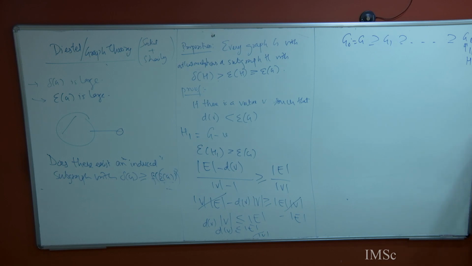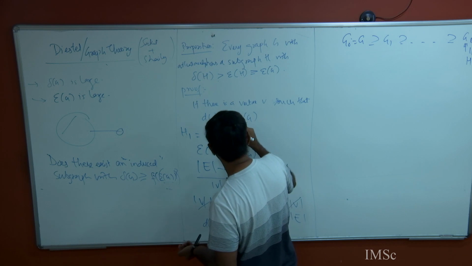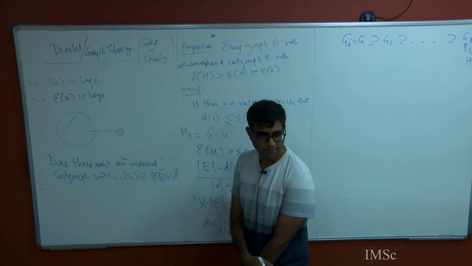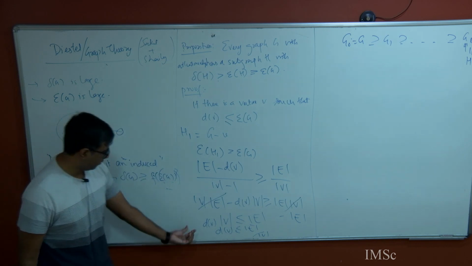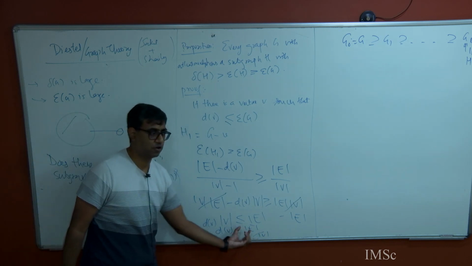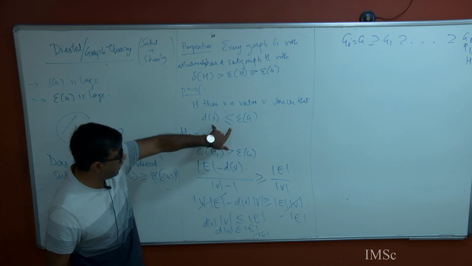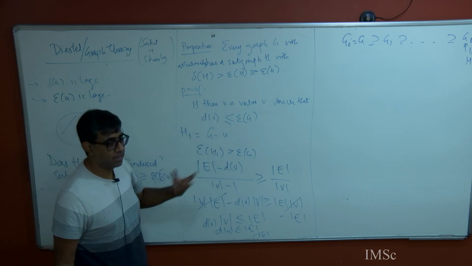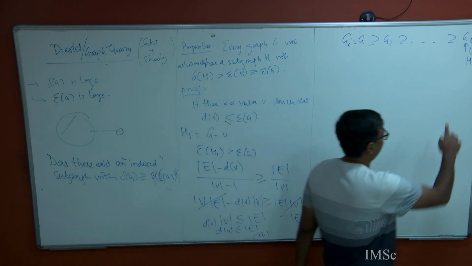By definition, I'm saying you delete any vertex with dV less than or equal to epsilon G, and the maths is perfectly fine, because as long as dV is less than or equal to epsilon, this inequality holds. So I'm allowed to delete every vertex whose degree is less than or equal to epsilon G, right? So why did I stop here?